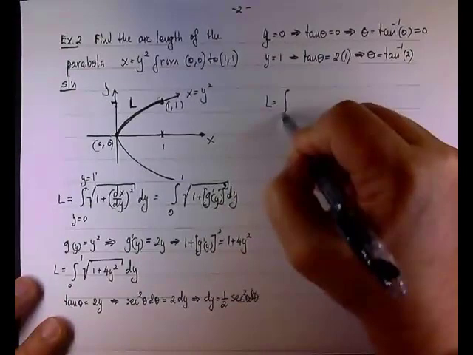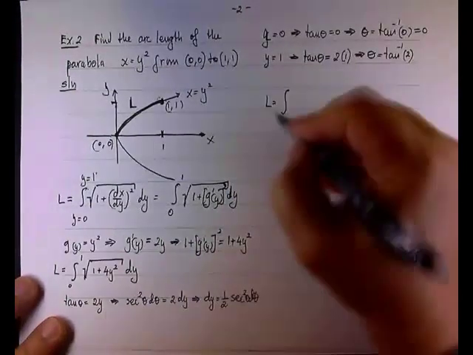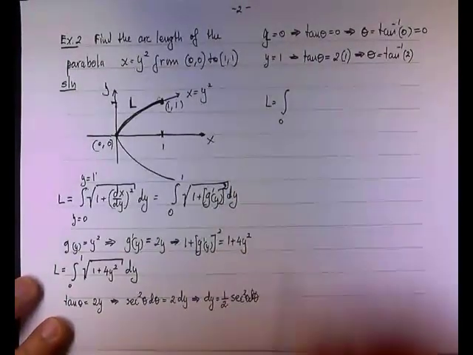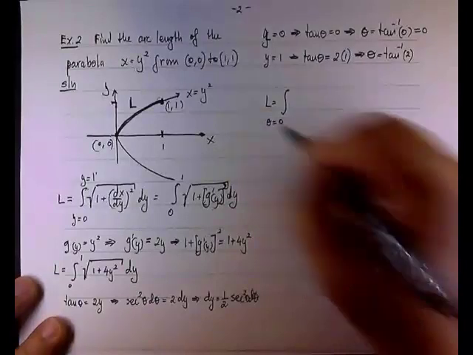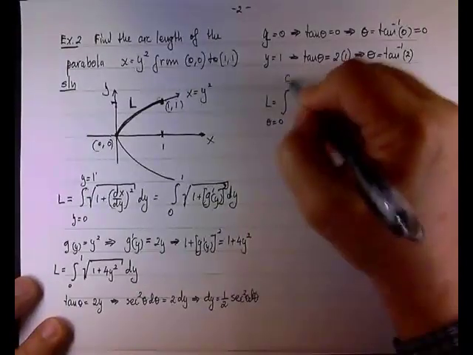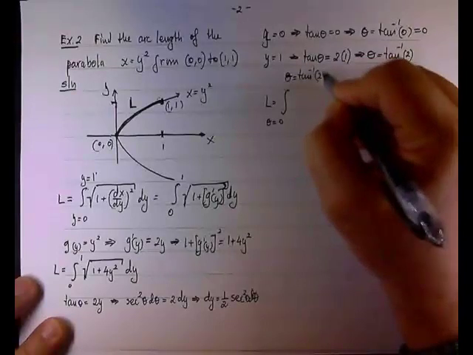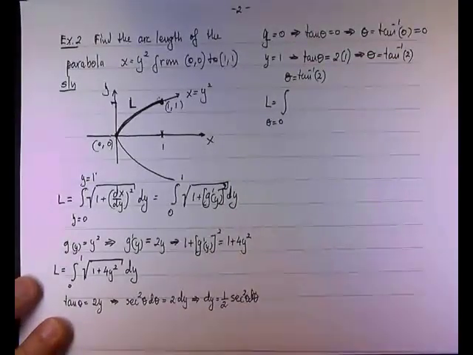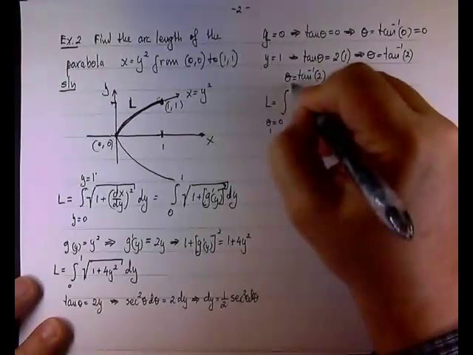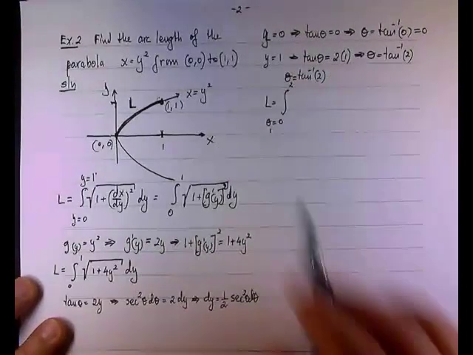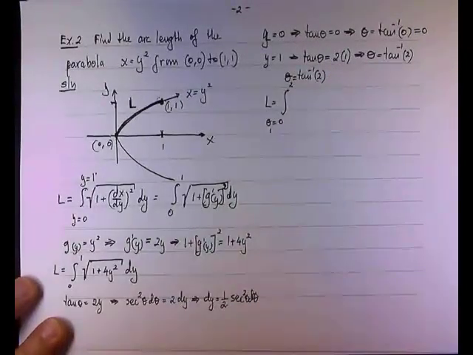And now I can write the following. L, in the new dress, after all this substitution, will be the integral from, instead of 0 on y, 0 on theta. So I write theta equals 0 here. The upper boundary, theta, will be the inverse tangent of 2. Okay?